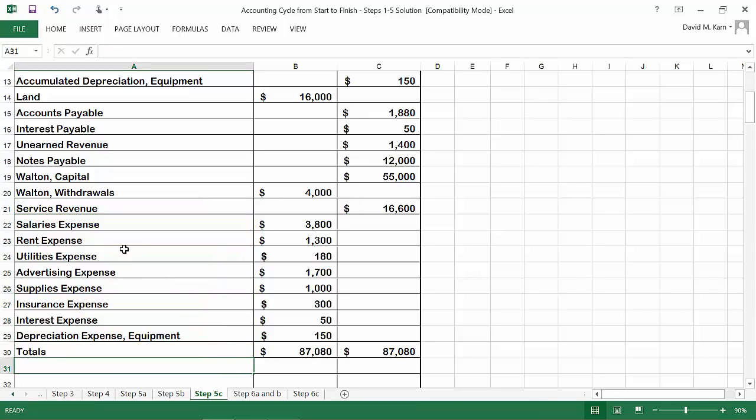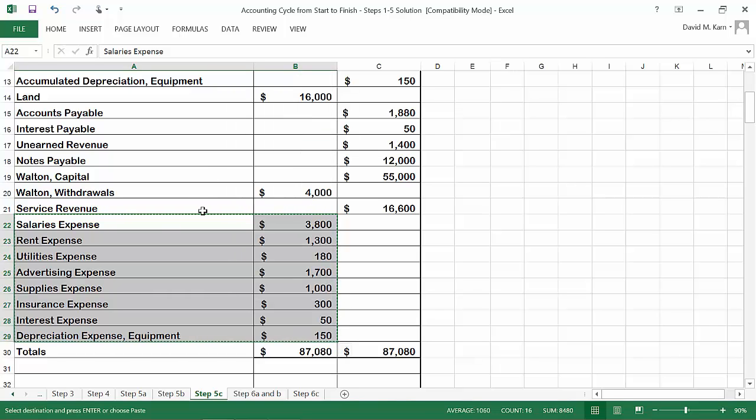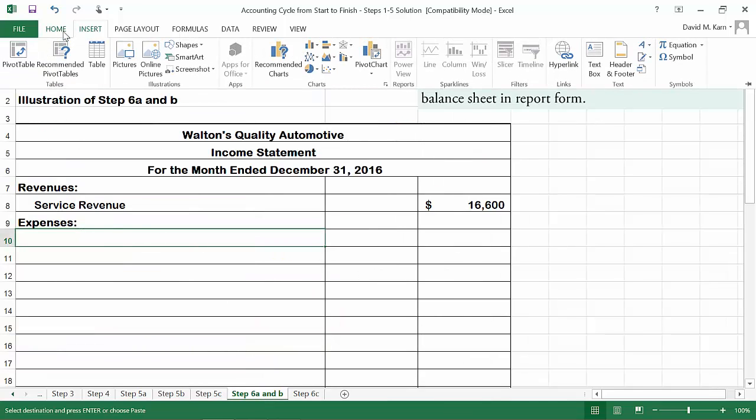I'm just going to copy and paste all of these expenses directly into our other sheet here. So we have salaries, rent, utilities, advertising, supplies, insurance, interest, and depreciation expense. So I'm just going to come over here and paste that right into here.